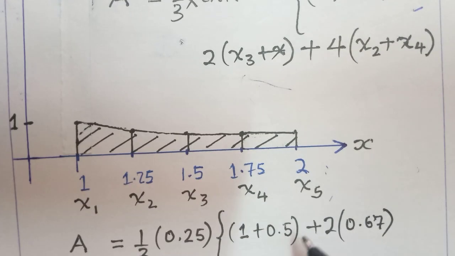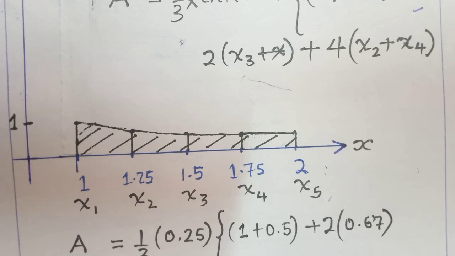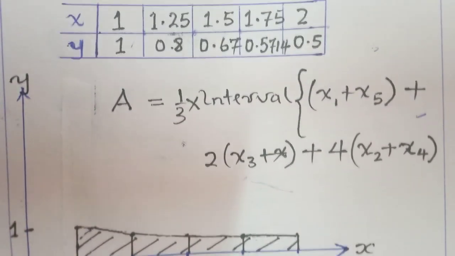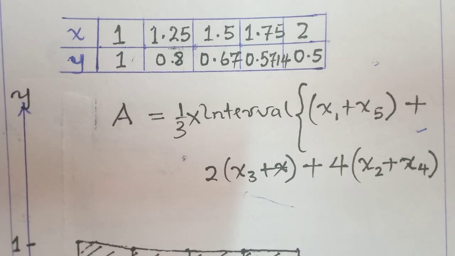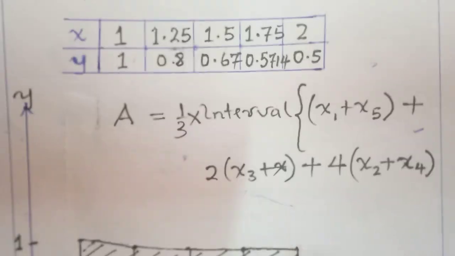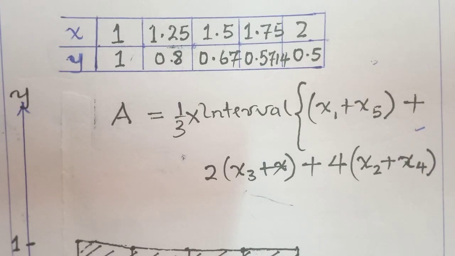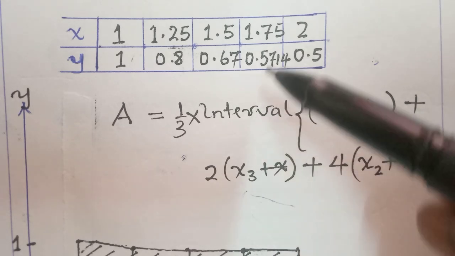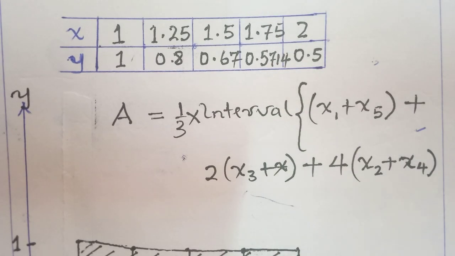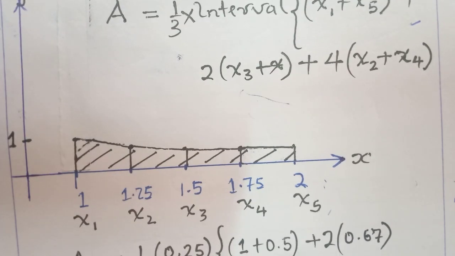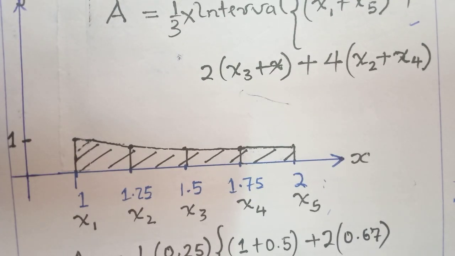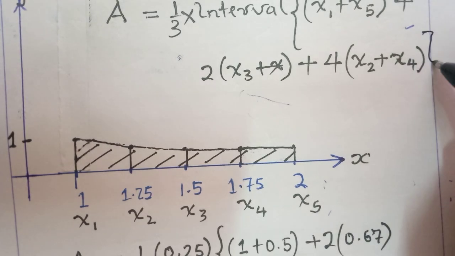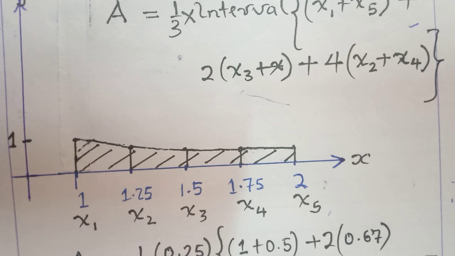Then plus 4. Then we go for x2 and x4. x2 coincides with 1.25, that is 0.8, plus x4 coincides with 1.75, so it is 0.5714. So this is now what we are going to look for.